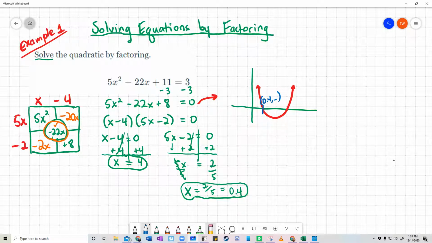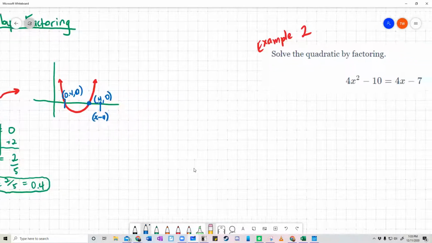We're only looking at the x's. And the other one was at positive 4, 0. And we noticed that since the zero was positive 4, that told us that a factor was x minus 4. So that's kind of what we looked at. Now let's take a look at another example.